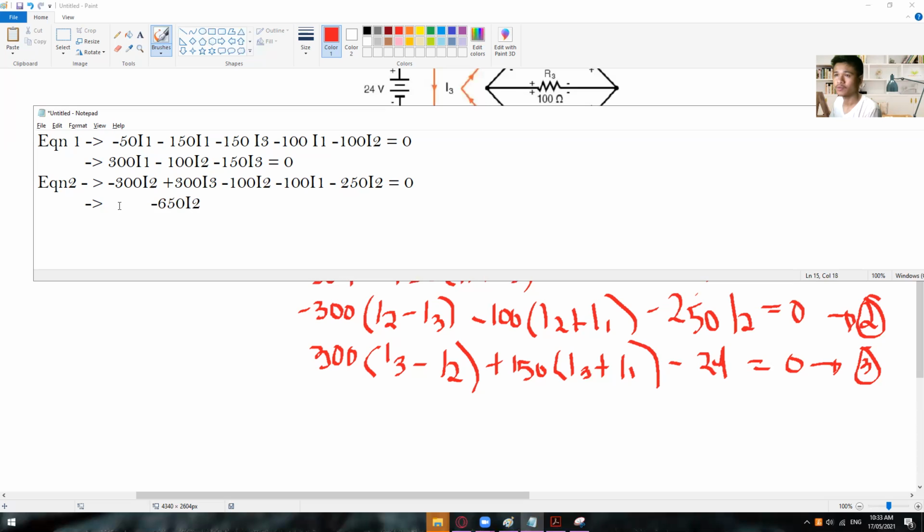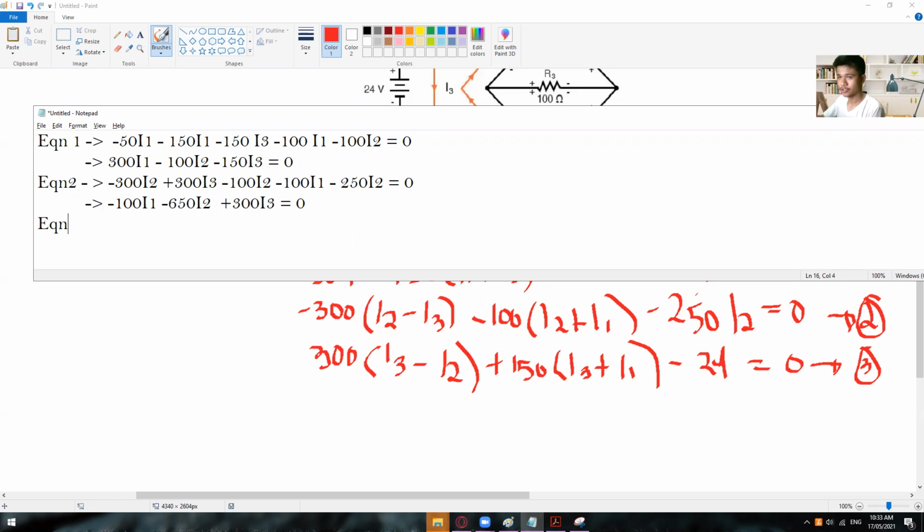I wanted to put the I1 first so we can have a better arrangement: I1, I2, and then followed by the I3. Alright, the next one is I3, which is positive I sub 3 is equal to 0. Okay, that's it for equation number 2.